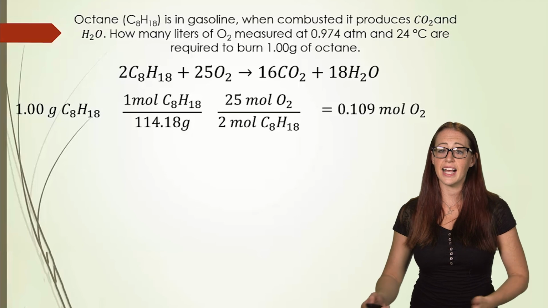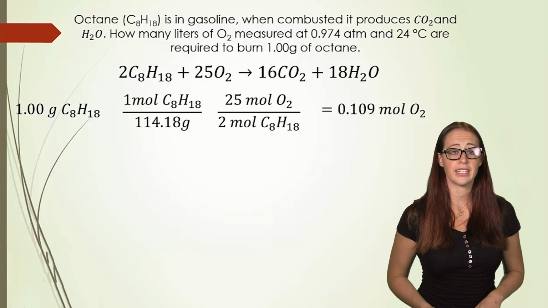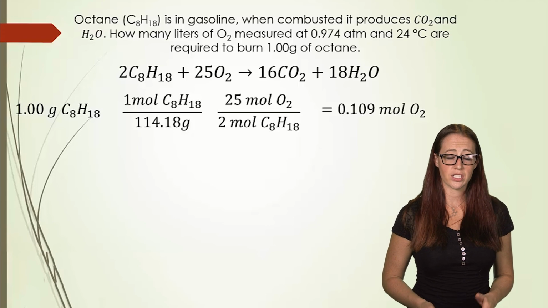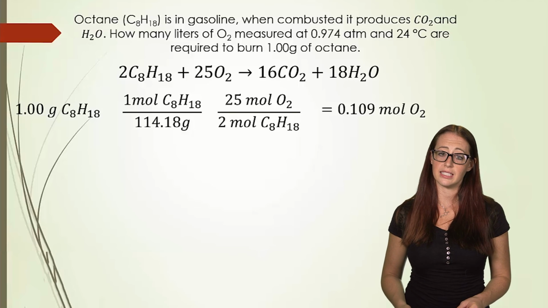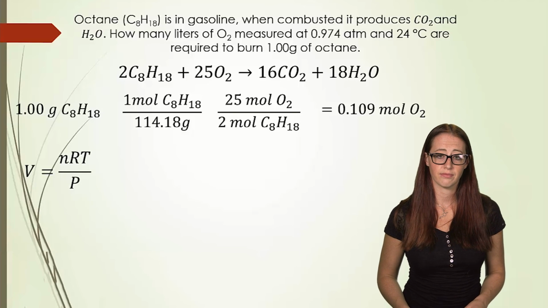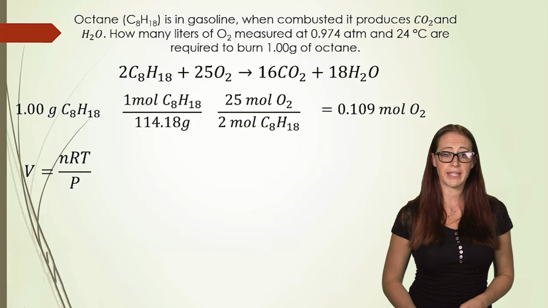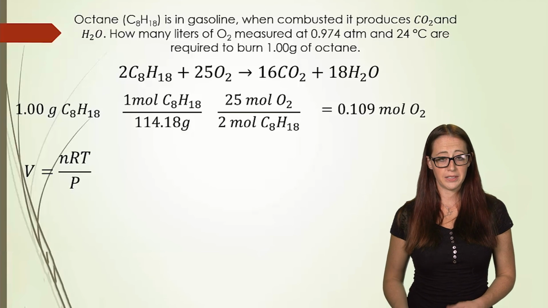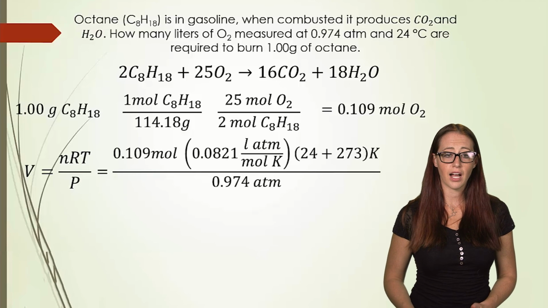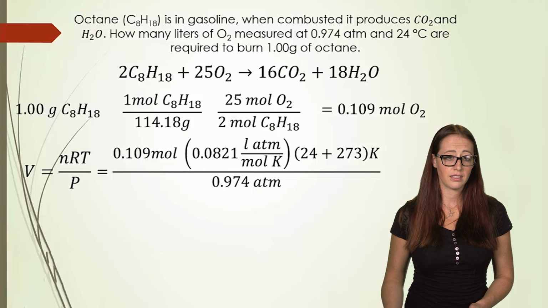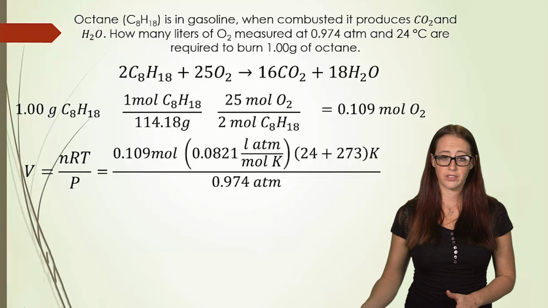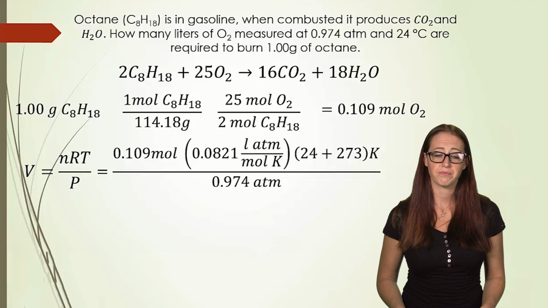From here, it's exactly what we did much earlier in the ideal gas law videos, where we just fill in to PV equals nRT. So here we solve for volume and get nRT over P. We fill in the moles that we just determined, our ideal gas constant, our temperature converted to Kelvin, and our pressure.